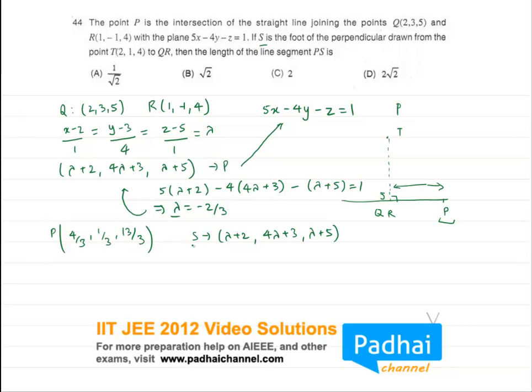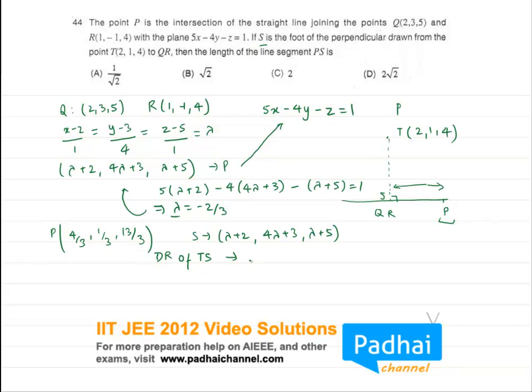So this is point T. What will be the DRs of line TS? We just need to subtract the two points. The point T that is given to us is (2, 1, 4).